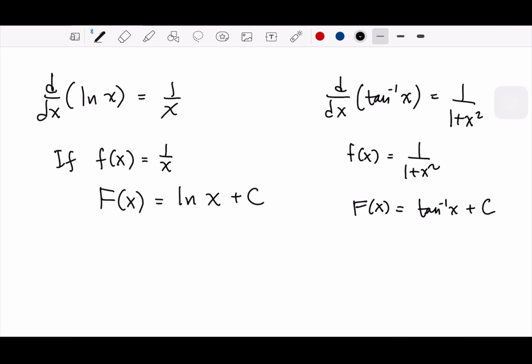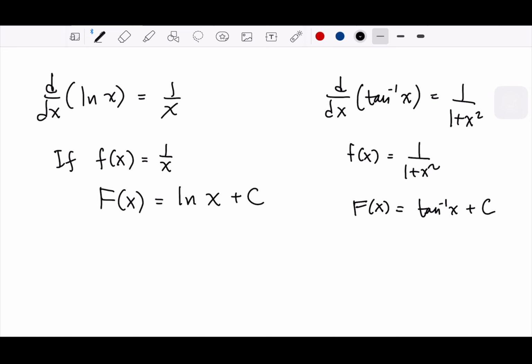So the key to knowing more about the antiderivative, or later the integral, I think the very foundation is the derivative formulas. If you know the derivative of some functions, you can reverse back to what it becomes. So that's the idea.